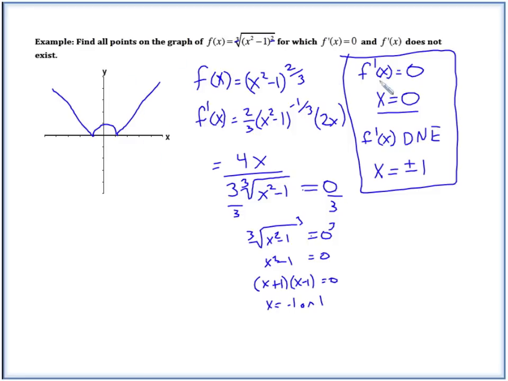Here we can see our derivative equals 0 when x equals 0, and you can see that it flattens out right here, so the slope is 0. Now we can also see at negative 1 and positive 1 that we have a sharp turn in the graph. Those sharp turns indicate that our derivative does not exist.